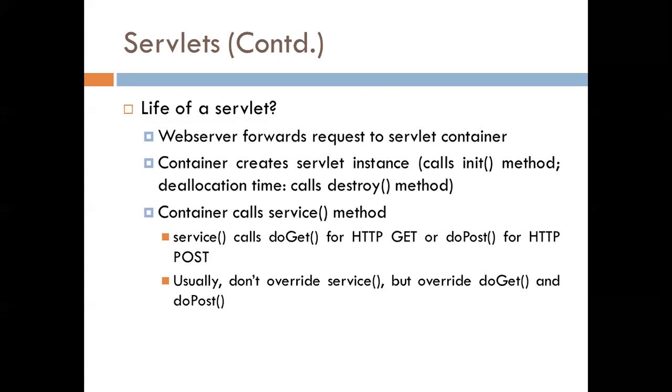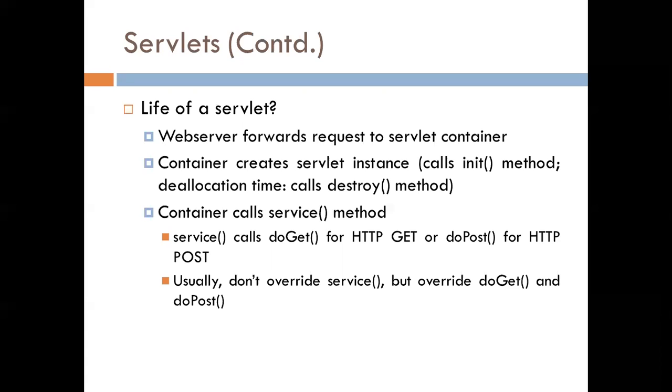There is a life cycle for servlets, and the life of a servlet is also limited and revolves around certain activities. A servlet is a pool that is present on an application server. The web server forwards the request to the servlet container, and then the container creates a servlet instance by calling the init method.